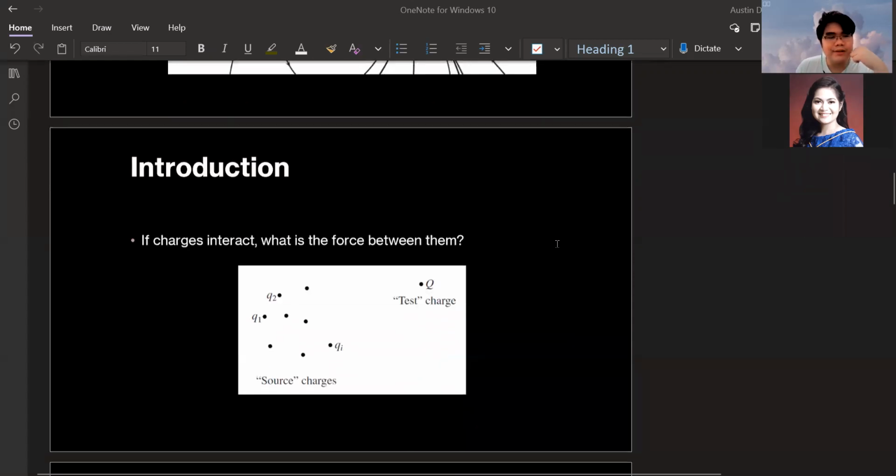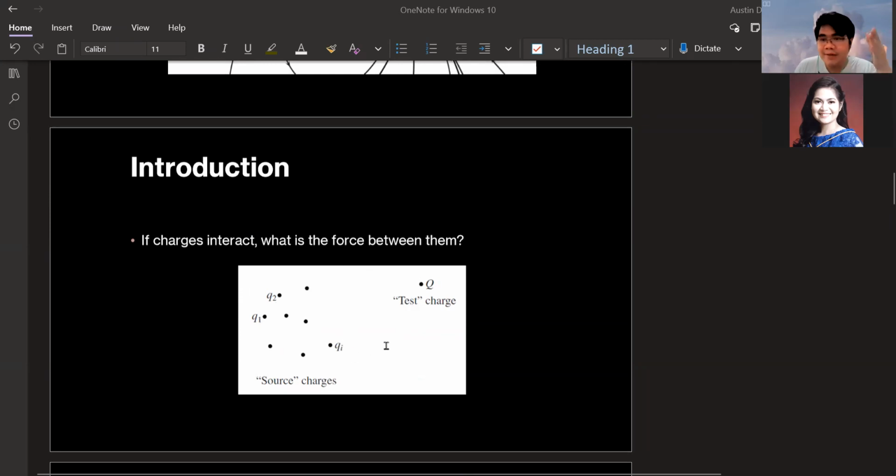Okay? So if charges interact, what is the force between them? So sa discussion sa libro, makakaroon tayo ng mga source charges mo, Q, small q. And then yung mga source charges, ito yung mga charges na nasa problem mo. Okay?